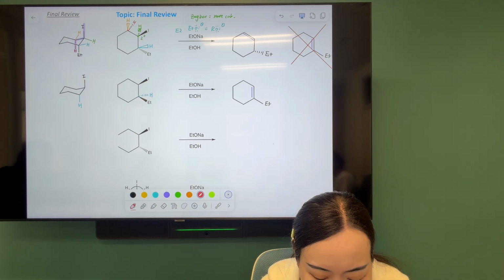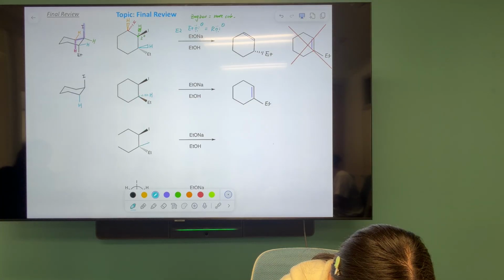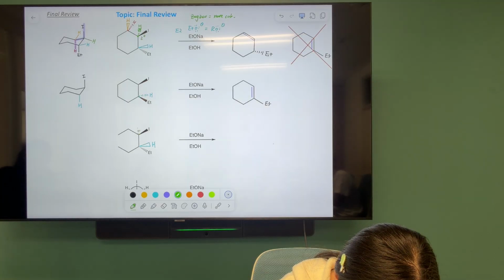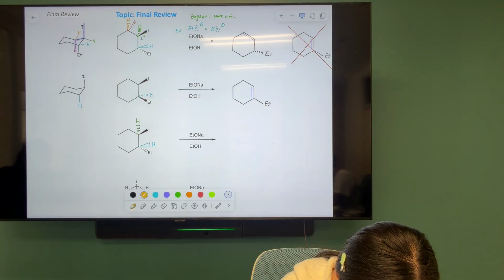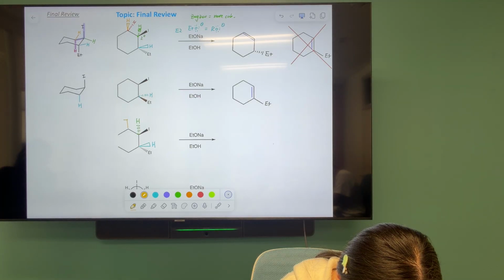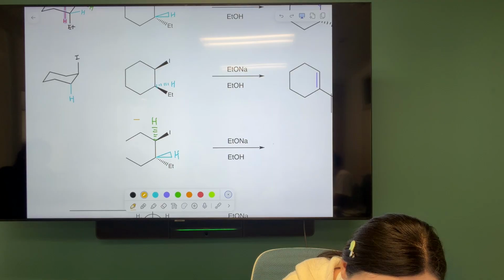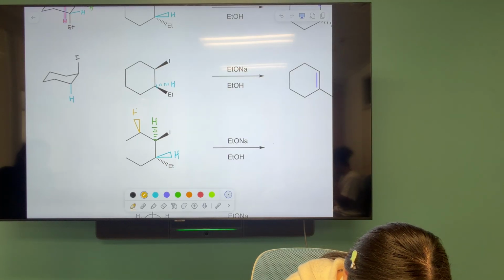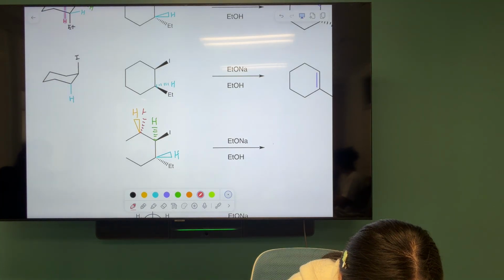My question is, now my light blue wedge hydrogen, my dash green hydrogen, my yellow wedge hydrogen, it's a little ugly, but my little pink hydrogen.